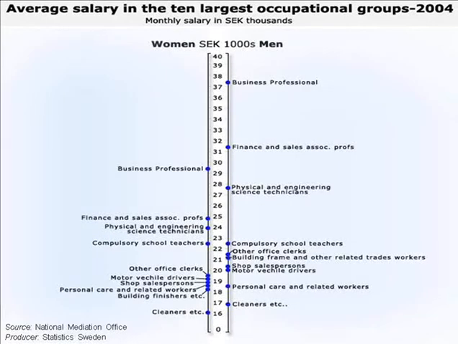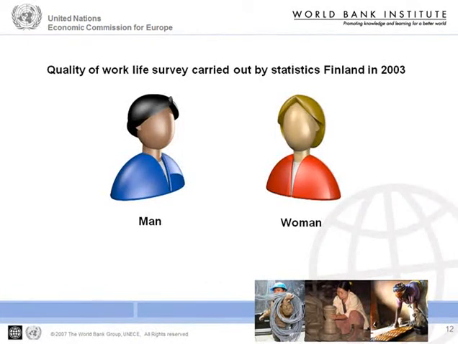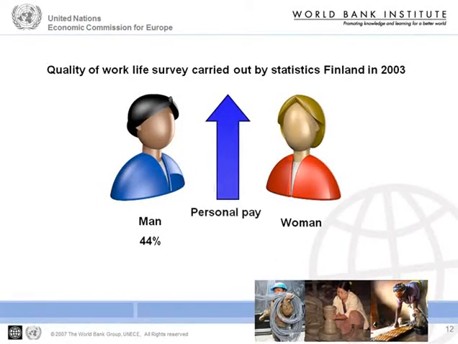By highlighting the monthly salary of the top and bottom occupations, business professionals and cleaners, the differences in gender pay are readily apparent. And going further in detail, data from the Quality of Work Life Survey carried out by Statistics Finland in 2003 show that 44% of men were proposed an increase in personal pay in the last 5 years, while only 29% of women were.